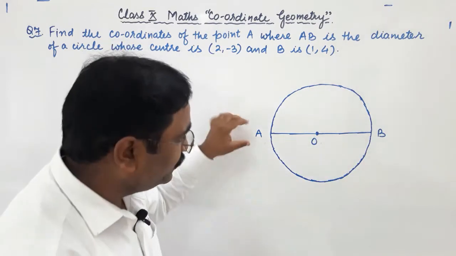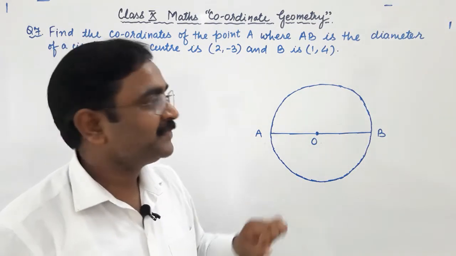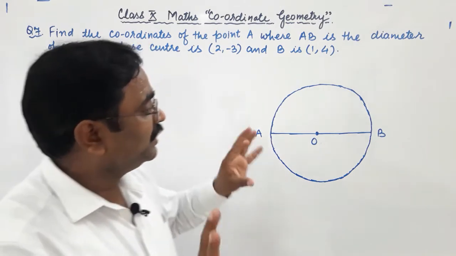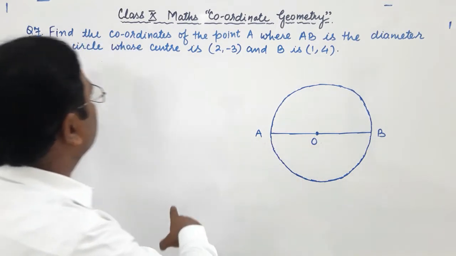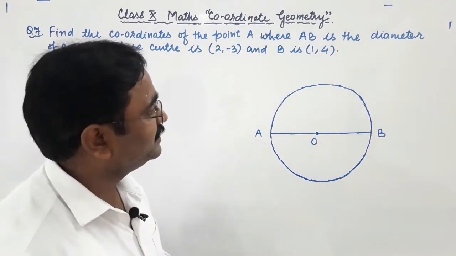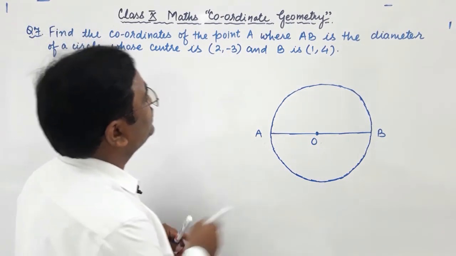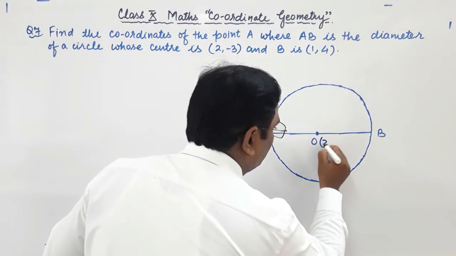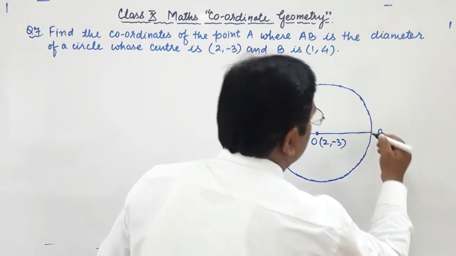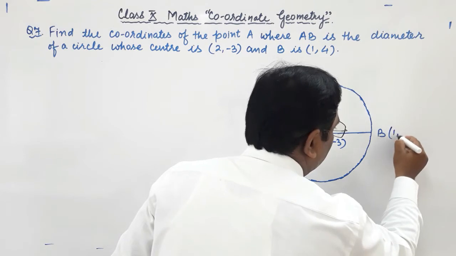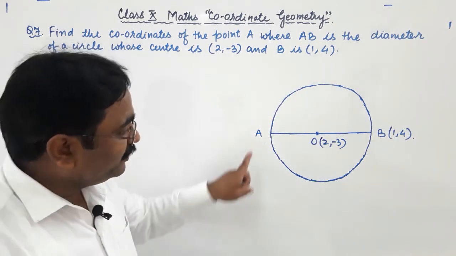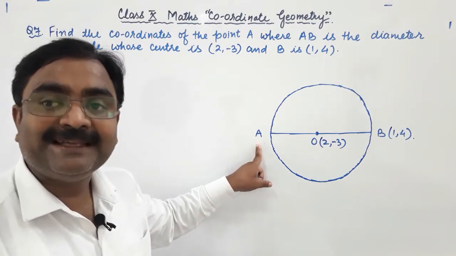We have to find out the coordinates of this point A. The diameter AB is of this circle whose center coordinates are given: the center is 2, minus 3, and the coordinates of B are 1, 4. Right, children? We are going to find out the coordinates of this point A.